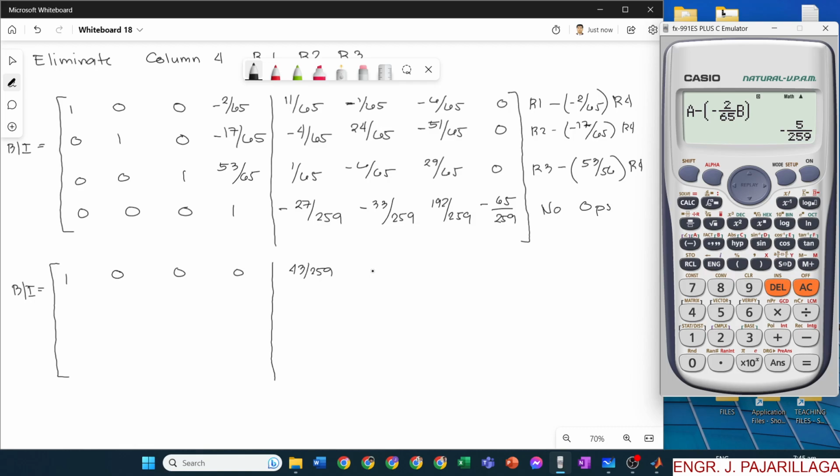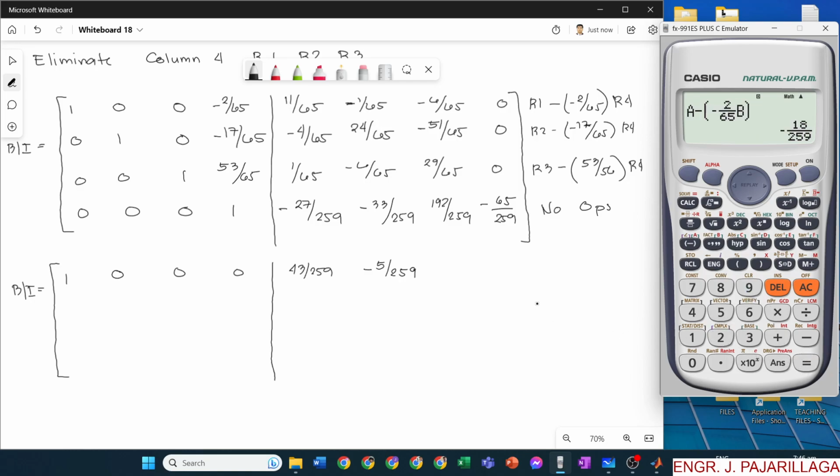So negative 5 over 259. And then we have negative, calculate tayo, we have negative 6 over 65. Calc, negative 6 over 65. And then we have 192 over 259.